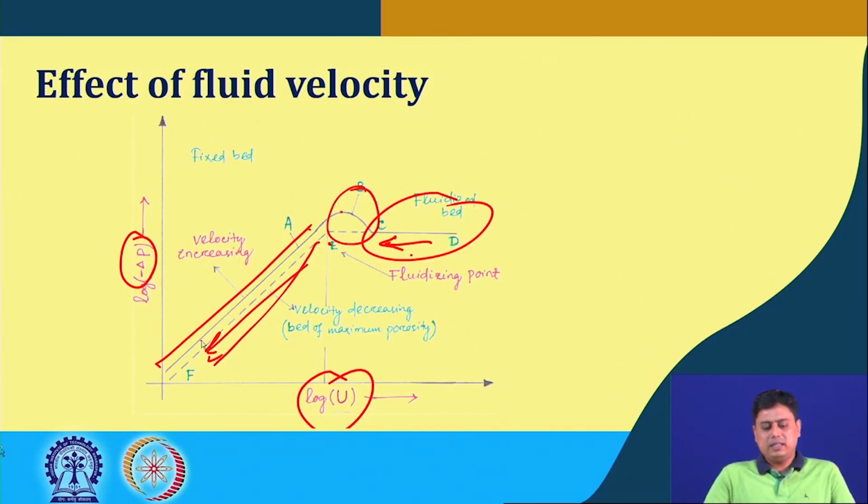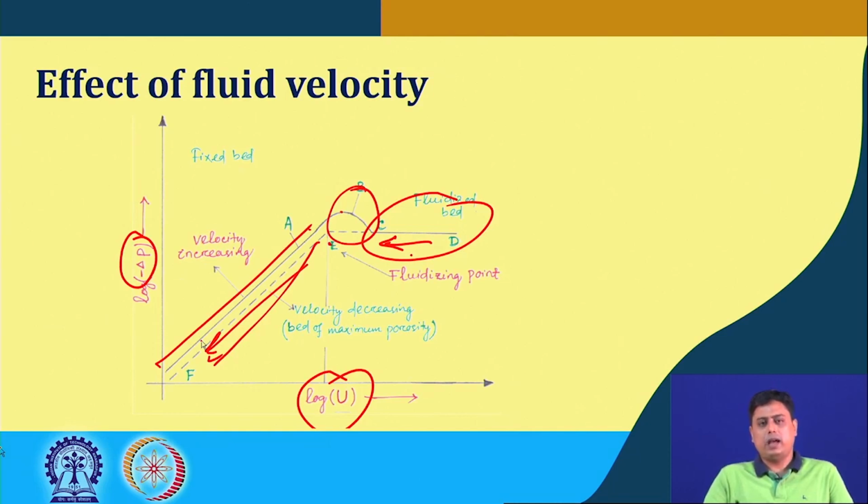So this is the characteristic of fluidization or the fluidized bed. We have the pressure drop versus velocity, and in the previous slide I showed you the pressure gradient versus the velocity.